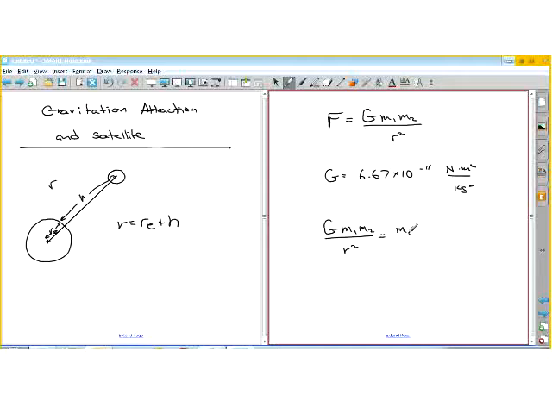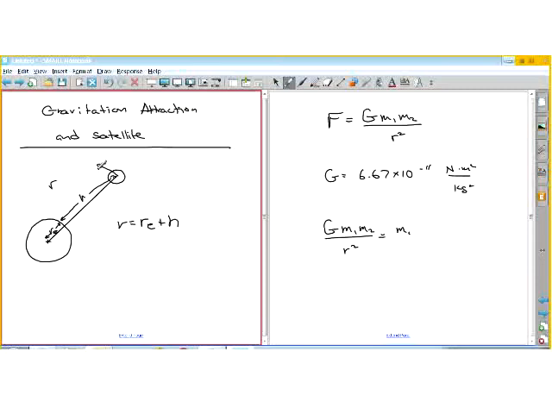So we have the mass, and I'm going to call m1 the mass of the object that's rotating, and it's rotating at some velocity v here, and we'll come back to that in a second.